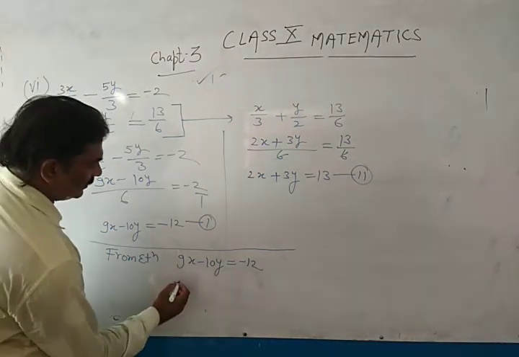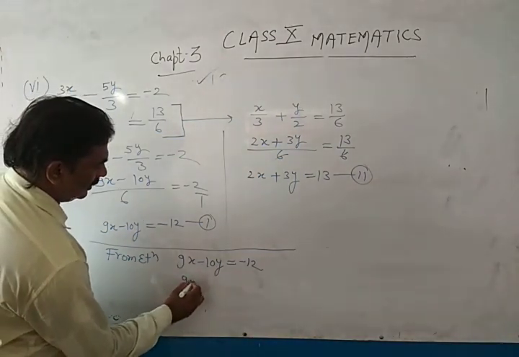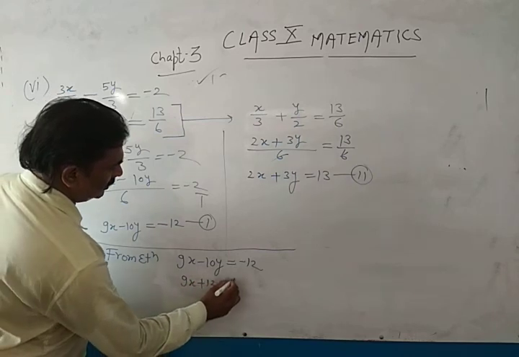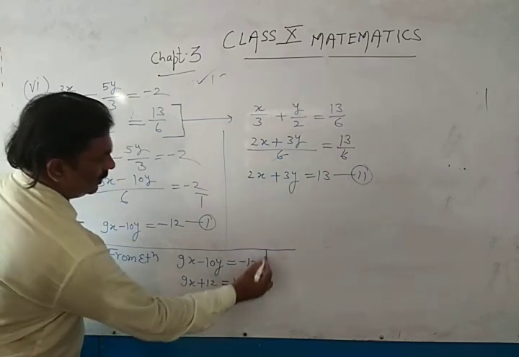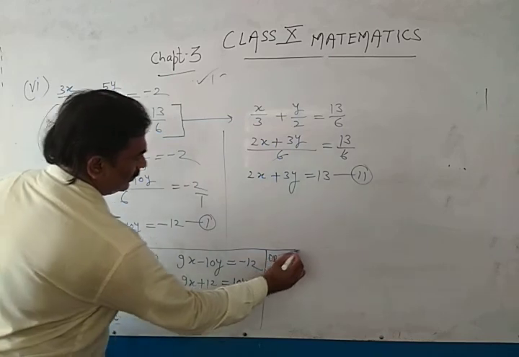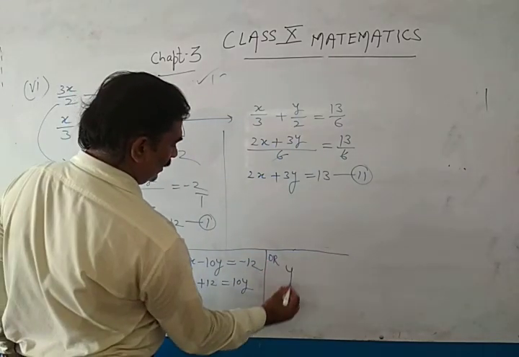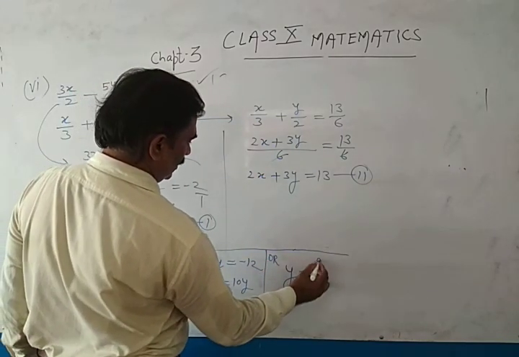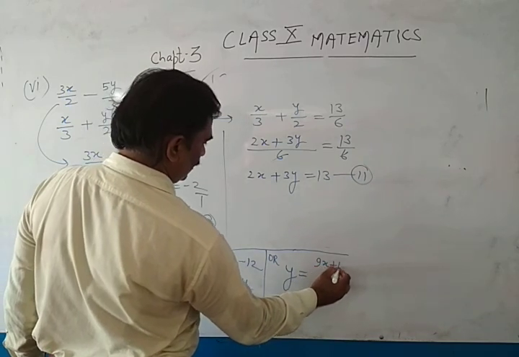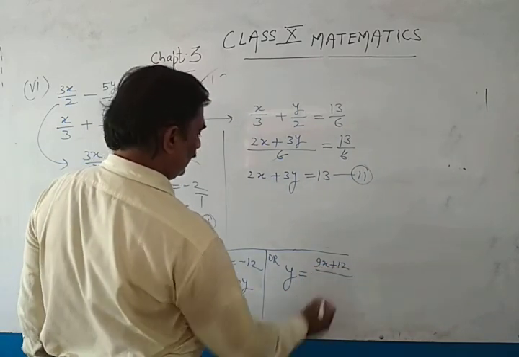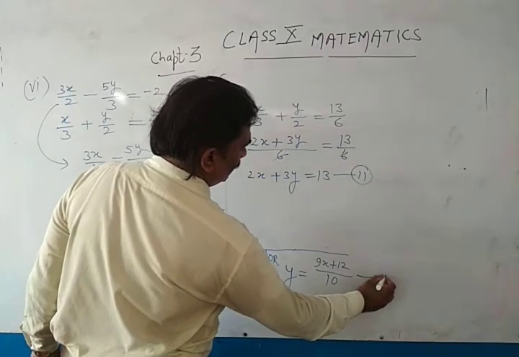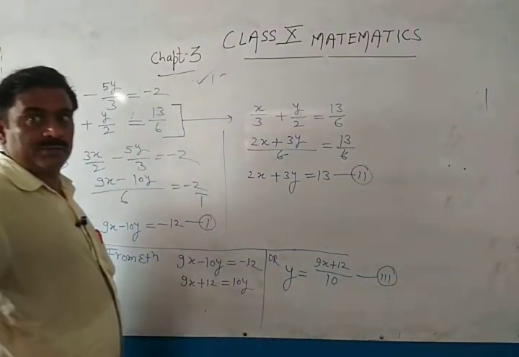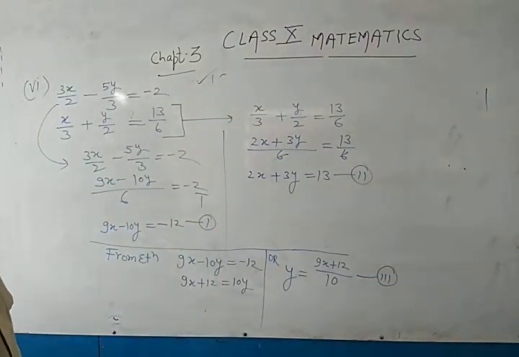So we can write 9x plus 12 is equal to 10y, or we can write y is equal to 9x plus 12 upon 10. This is equation number 3. Now students, we will continue.